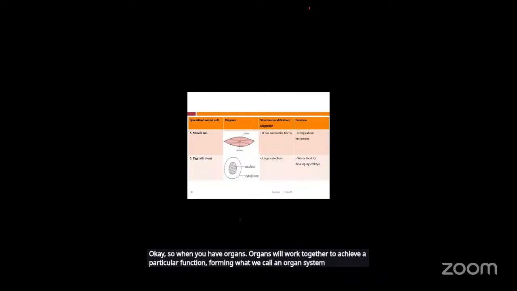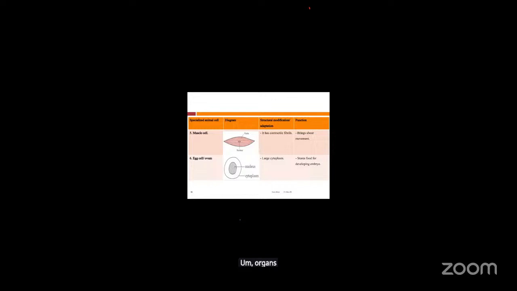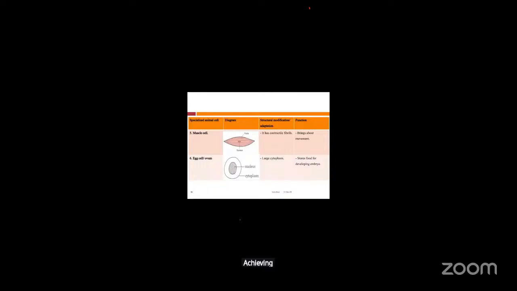For example, I'm sure you've heard of the reproductive system, the breathing system, also the respiratory system. So, a system is a combination of very many organs which perform similar functions, or better yet, are aiming at achieving a particular purpose.